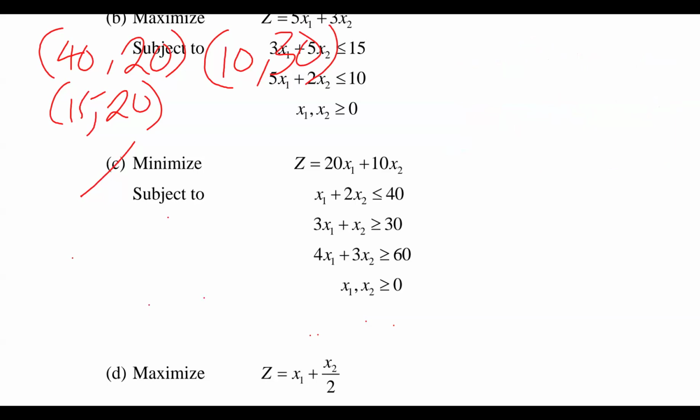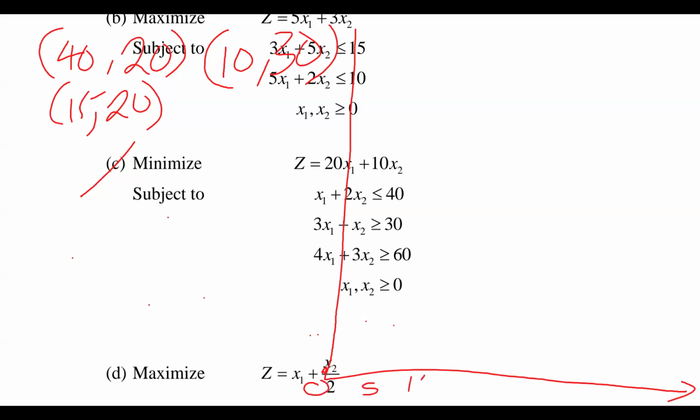So maybe we can try to use a scale of 5 and see what really happens. So 0, 5, 10, 15, 20, 25, 30, 35, 40.